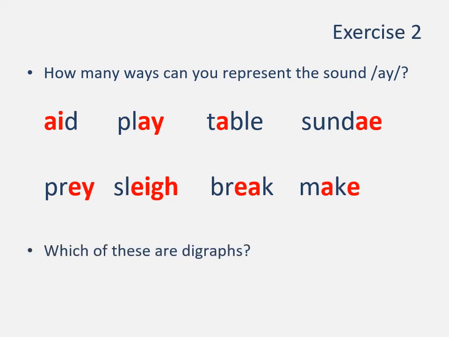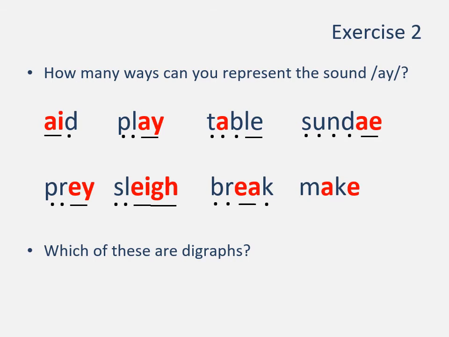How many of those, the examples I've given you there, are digraphs? Here I have given you the answers, and you have AI as a digraph, AY as a digraph. We've got AE as a digraph, EY as a digraph, EA as a digraph, but we also have in table the LE, T, A, B, ul.